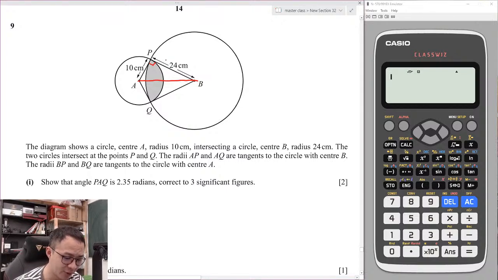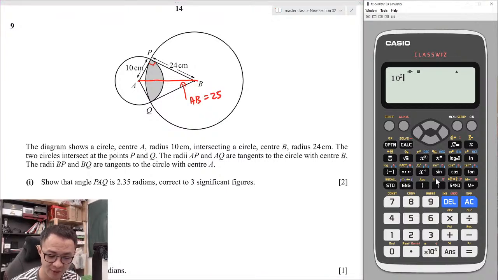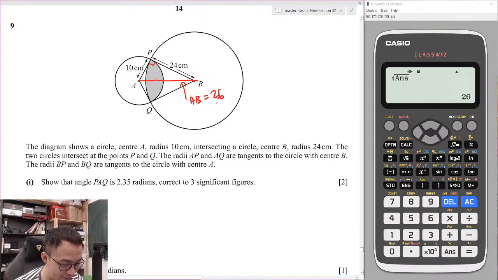So I can know the middle line, AB is 10 squared plus 24 squared. It's not 25, oh, it's 26. Sorry. But does it help? Let me see.